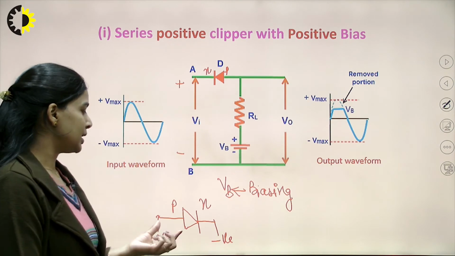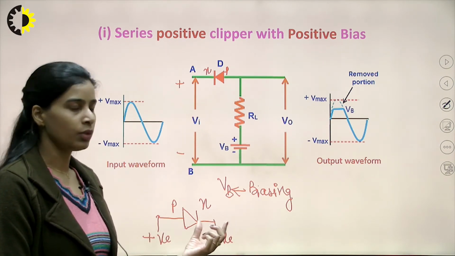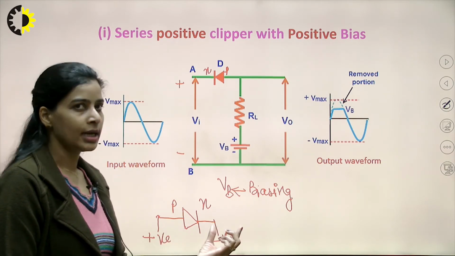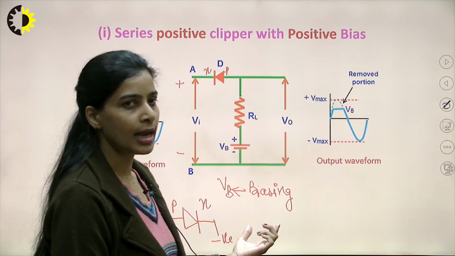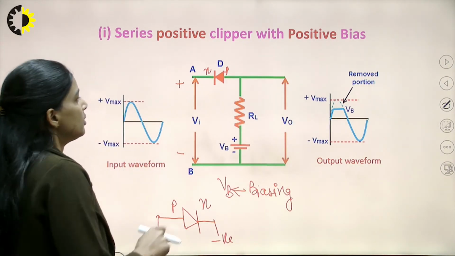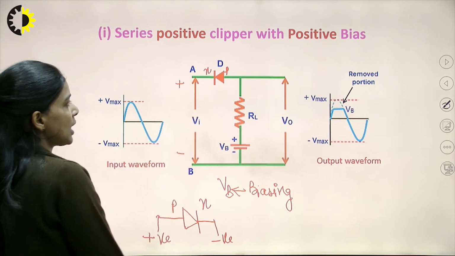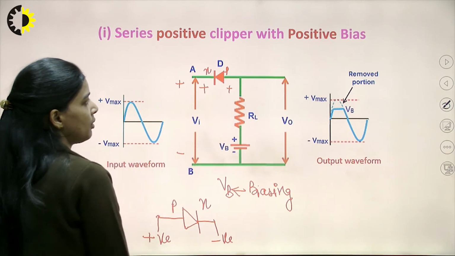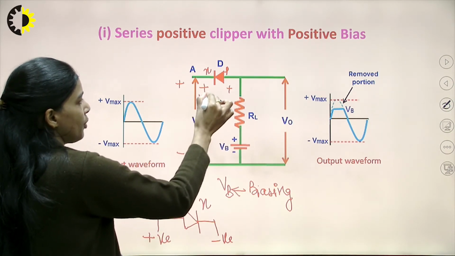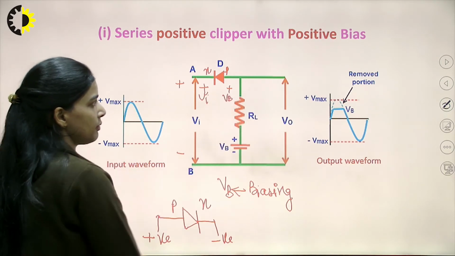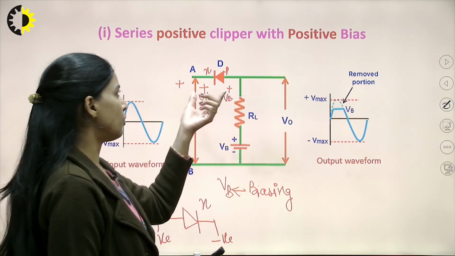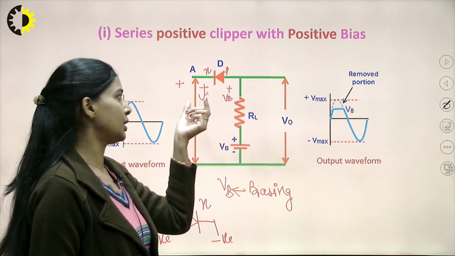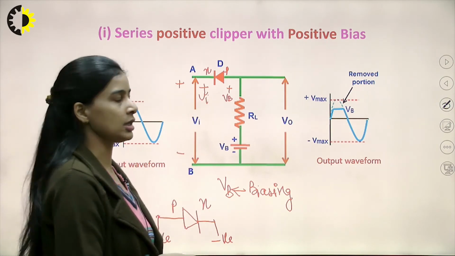If this side is more positive than this side, then it will be forward biased. Here, when the positive cycle appears, we have V in positive on one side and VB positive on the other. So, this diode will be forward biased when VB is higher than V in.